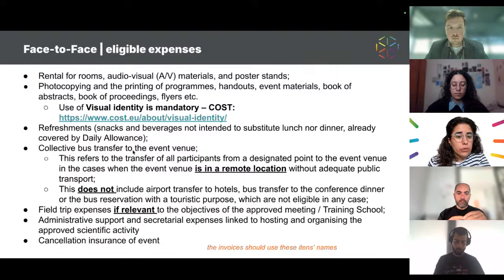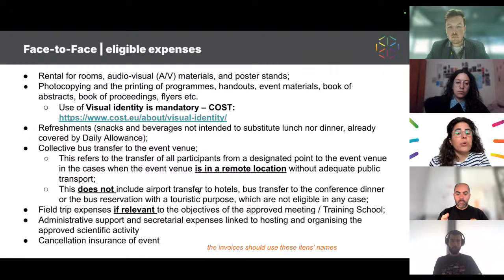Collective bus transfer to the venue. This refers to the transfer of all participants from a point to the event venue, when it is in a remote location without adequate public transport. So beware of how you use collective bus transfer. It does not include airport travel to hotels. Okay, so beware of how you allocate bus transfer.